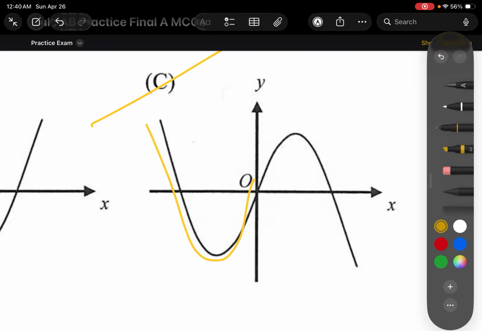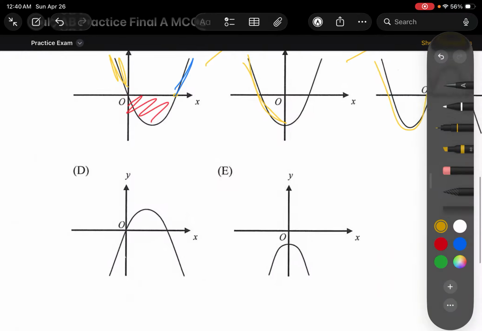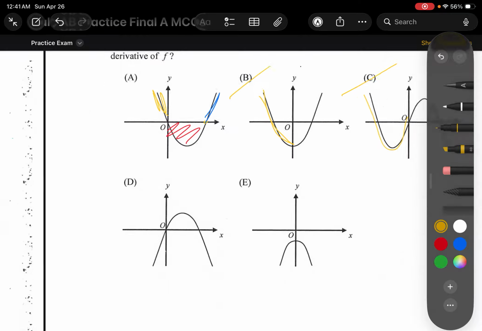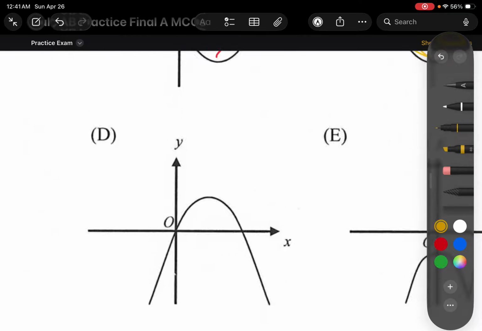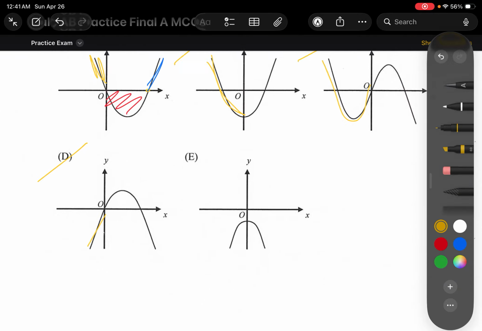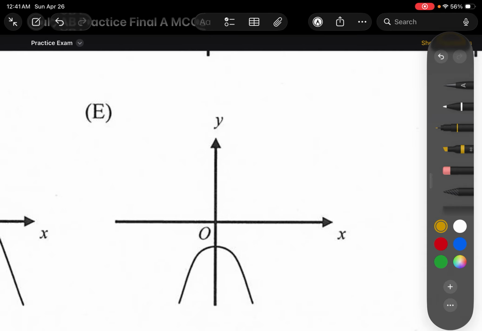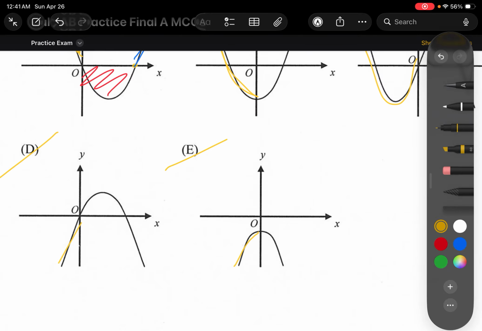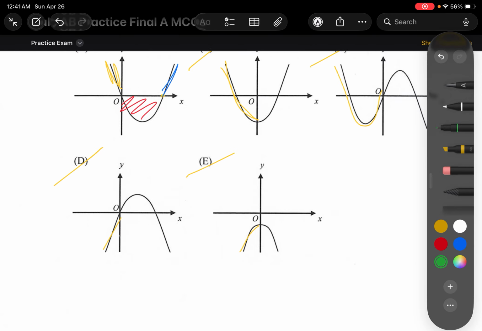So this is not the case. For D, from negative infinity to 0, f prime is greater than 0, so it should be above the x-axis. It's below the x-axis from negative infinity to 0. So this is wrong. For E, same thing. From negative infinity to 0, it's still below the x-axis when it should be above. So our answer is going to be A.